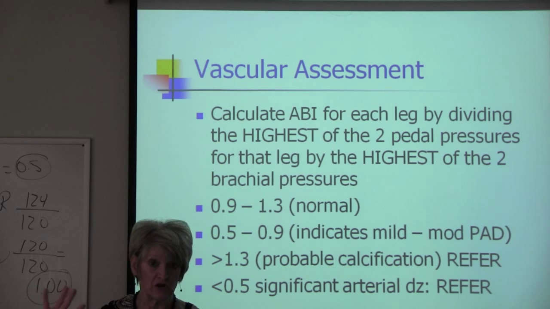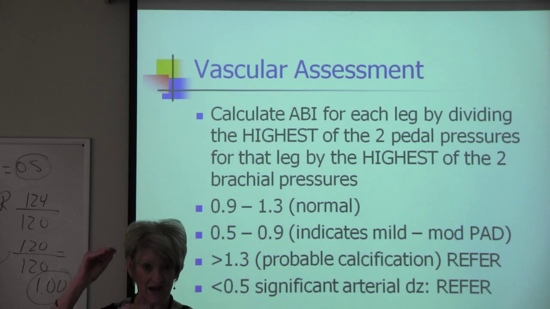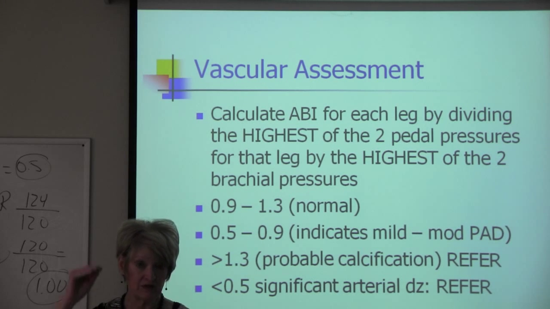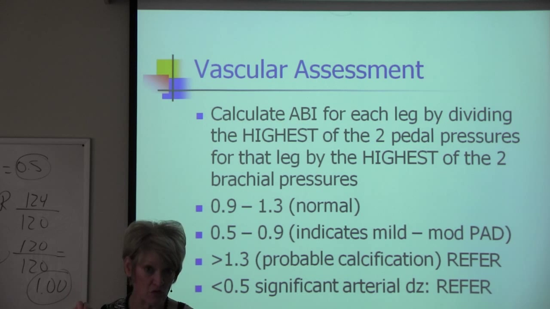If you're 0.5 to 0.7, that's progressively more significant. So as you come down from 1, it tells you that there's progressive interference to blood flow. So 0.5 to 0.9, mild to moderate peripheral arterial disease. The lower the number, the more serious the interference with normal blood flow.